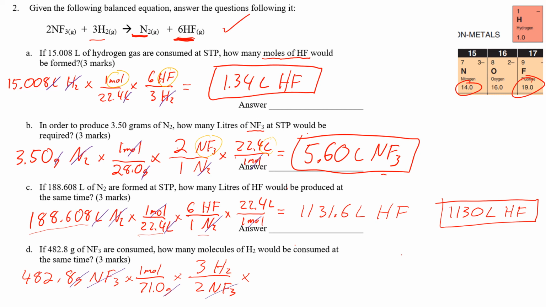My unit that I currently have is moles of hydrogen gas. But I don't want moles of hydrogen gas, I want molecules of hydrogen gas, or in other words, particles of hydrogen gas. So I want moles to cancel out, and there's 6.02 times 10 to the 23 particles in 1 mole.